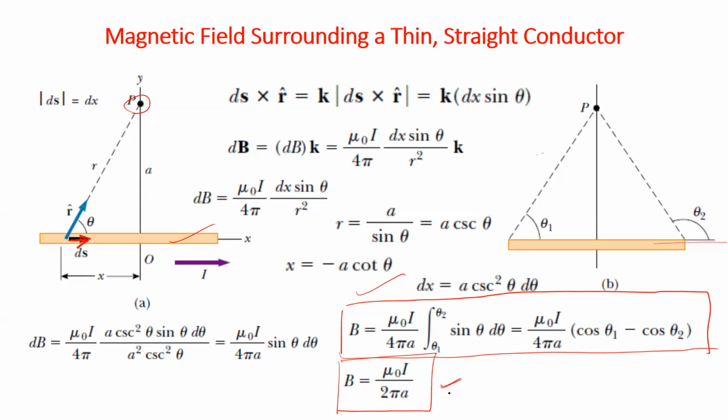Okay, so this is the formula: mu 0 I by 2 pi a, where a is the perpendicular distance from the axis of this straight current carrying conductor. So your point P, wherever we are trying to calculate this magnetic field, that is the perpendicular distance we need.